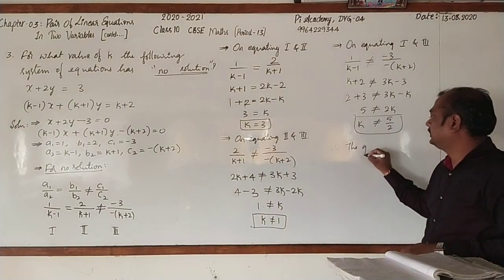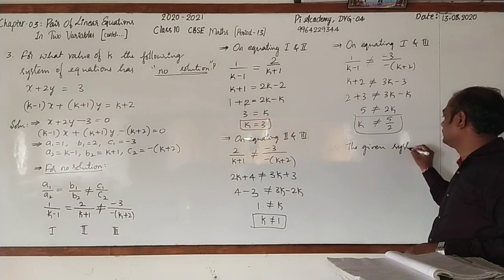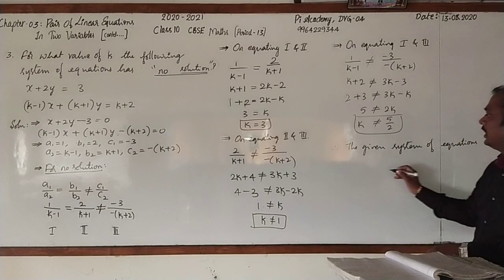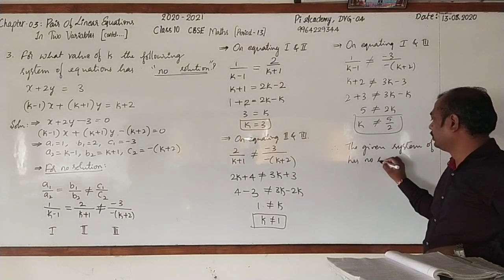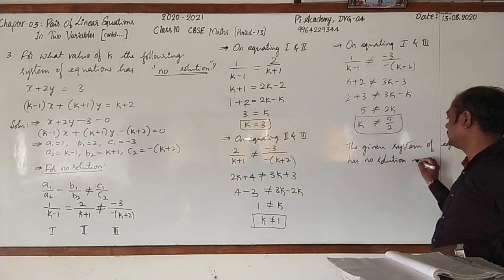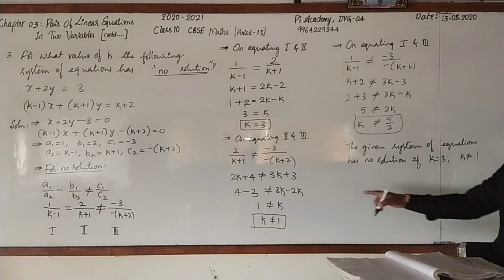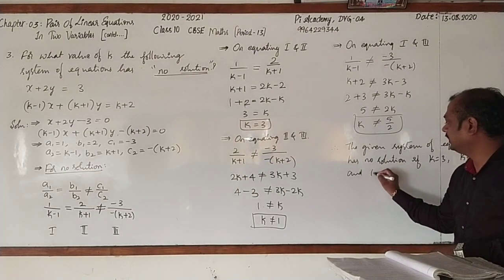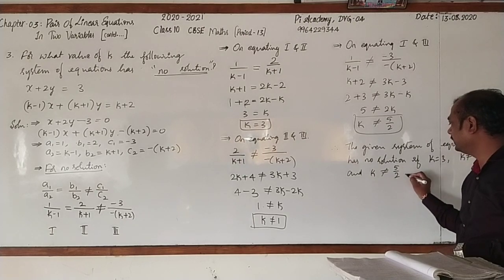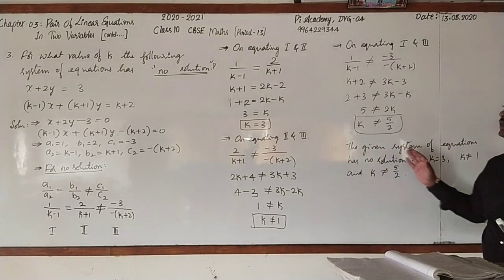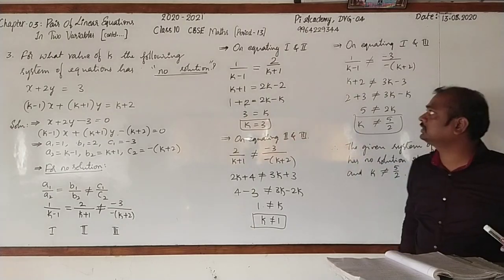Therefore, the given system of equations has no solution if k equal to 3, k is not equal to 1 and k is not equal to 5 by 2. Hope that you have understood. Even you might have written with me. If it is so, we can go for next one. If not, just go for copying this.